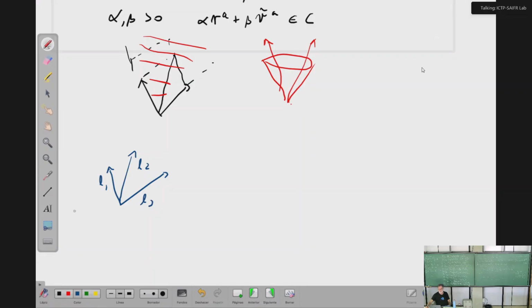So this plane is in the cone. This plane, say that the one that goes almost touching this. It's hard to draw this thing, what I want to draw. Like this.